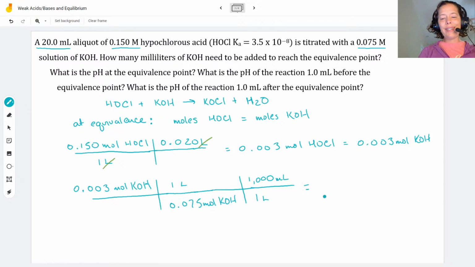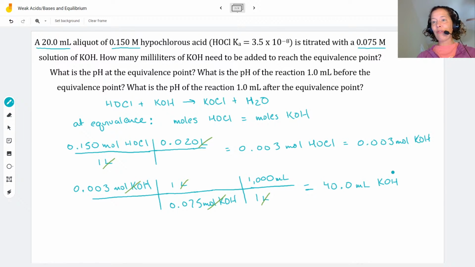Of course, you don't necessarily have to write that out because at this point you're probably very comfortable with converting between liters and milliliters. But you can see, again, all my units have canceled except for my milliliters, and that's what my question asked for. So, units are so helpful. And this gives us 40 milliliters of KOH. Okay, so that is how many milliliters of potassium hydroxide I need to add to my sample of hypochlorous acid to reach my equivalence point.